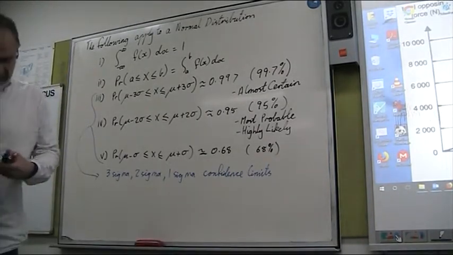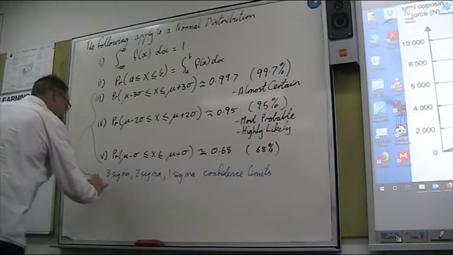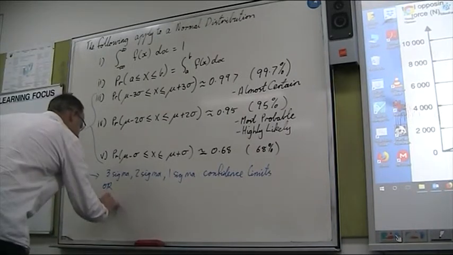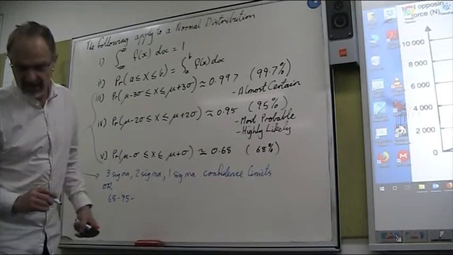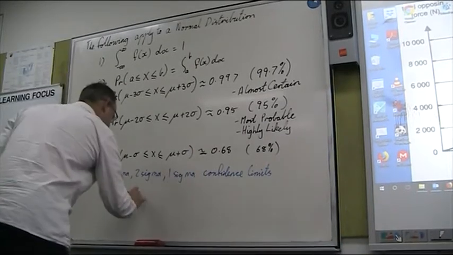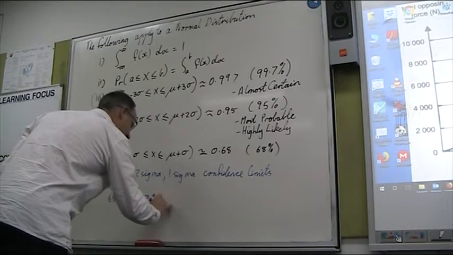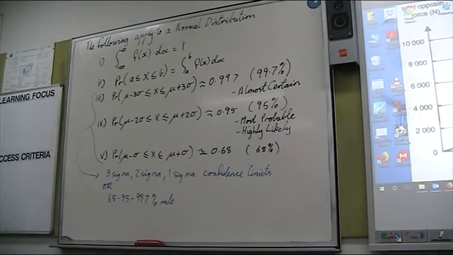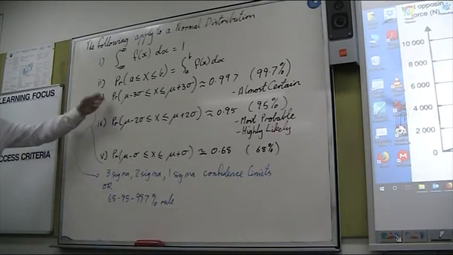However, the study design and the textbook refer to them as the 68, 95, 99.7% rule. That's what they're referring to, these 3 things.